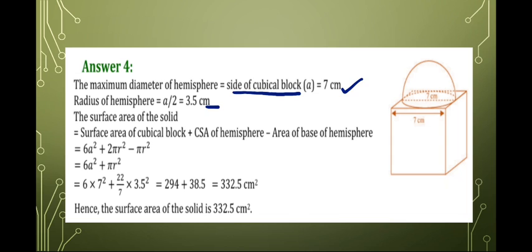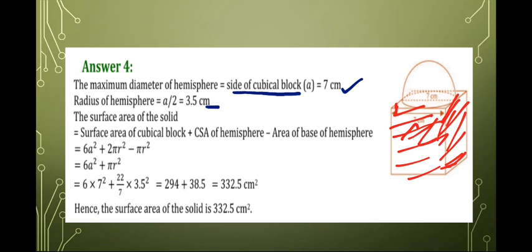First of all, the surface area of the solid is equal to the surface area of this total cube, then the curved surface area of this hemisphere. Now look here, this base of the hemisphere is not in the total surface area of the solid.